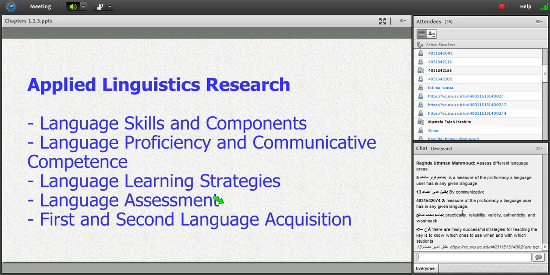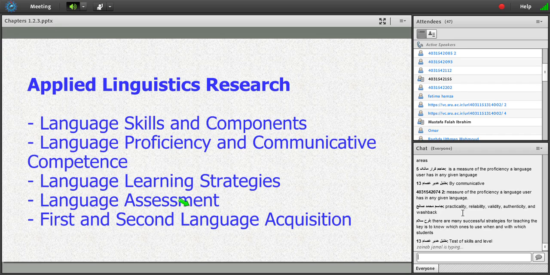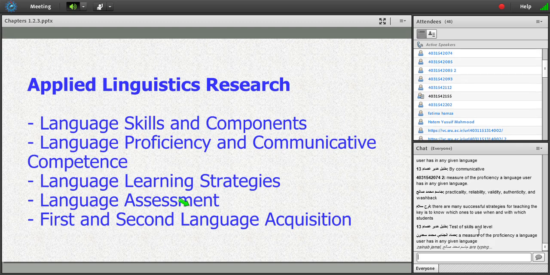So when we say language assessment, it is related to the concept of language skills and components. It means the way we test, we evaluate, we measure the students' acquisition, the students' learning. For example, you want to see how the students actually act and what is the students' favorite form of testing reading, whether they want text followed by yes/no questions, followed by true/false questions.